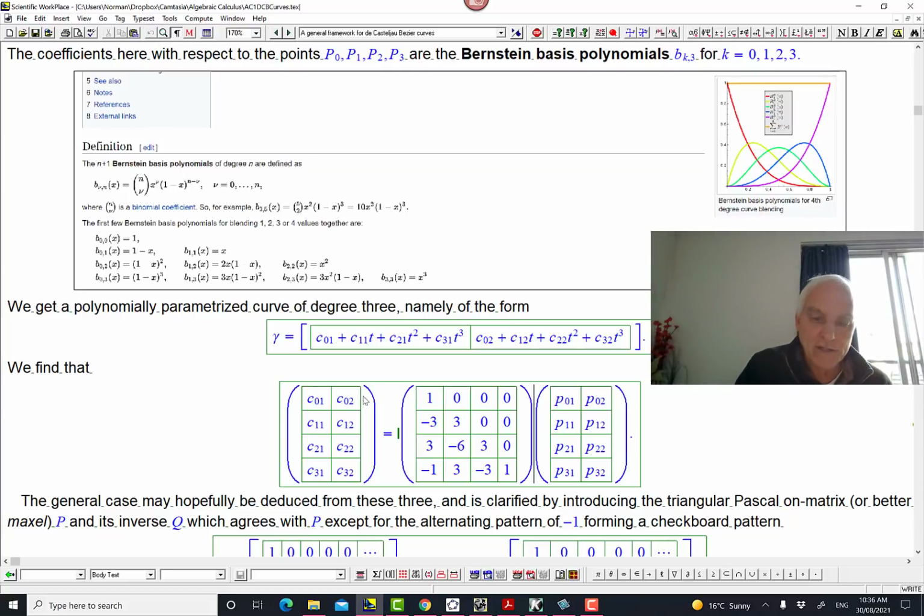Constant terms, linear terms, quadratic terms, cubic terms. And over here are the control points, P0, P1, P2, P3. And this is this beautiful matrix that connects the coordinates of the control points to the coefficients of the polynomials that you get once you've expanded everything out in t.